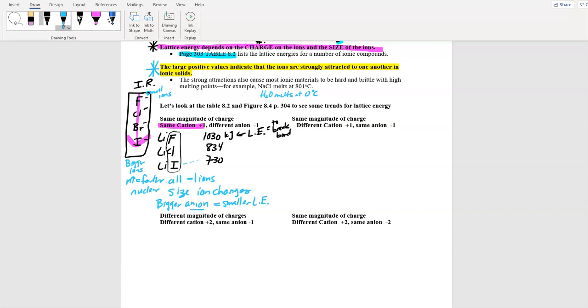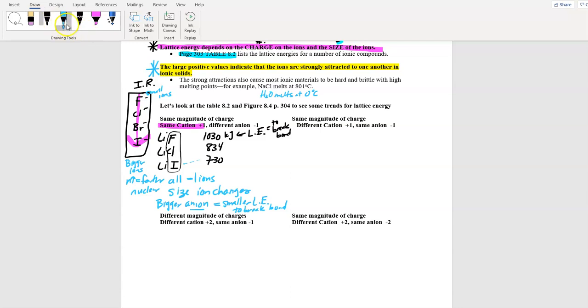To break fluorine, because it's smaller and its electrons are closer to the nucleus, you need more energy to break that bond up. You see a little Zeff effect coming into this too. It's literally chapter 7, just looking at a different trend. So the bigger the anion, the less energy needed to break that bond. It doesn't matter, ladies and gentlemen, if I look at lithium or sodium, same thing.